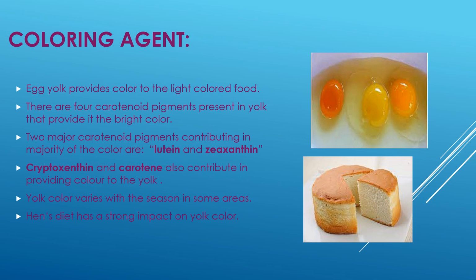The color of the yolk varies from one hen to another or from one species to another. It may vary due to the season in some areas, and usually the color of the yolk depends on the feed of the hen.